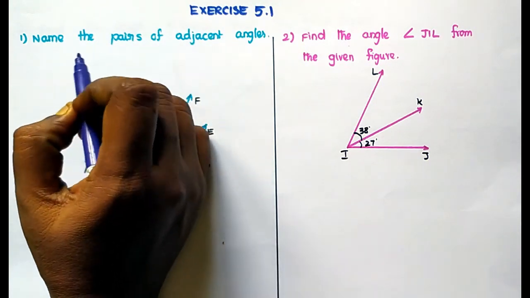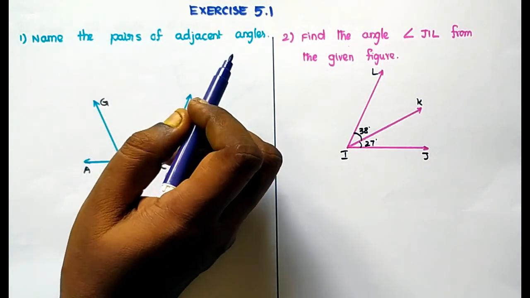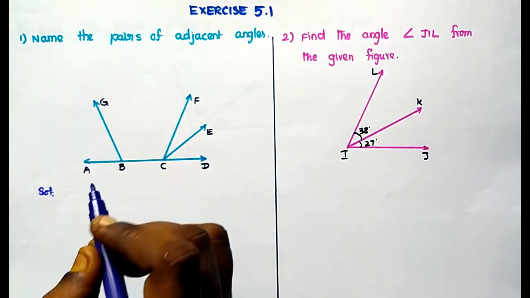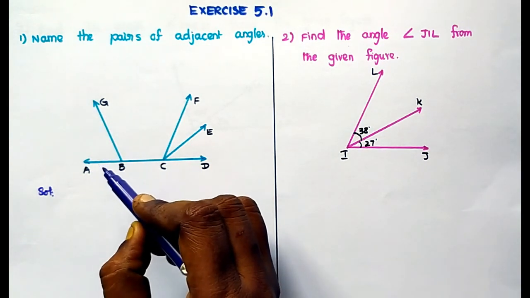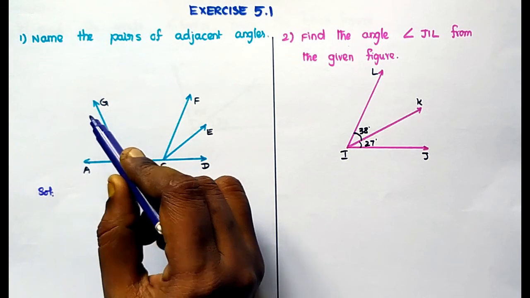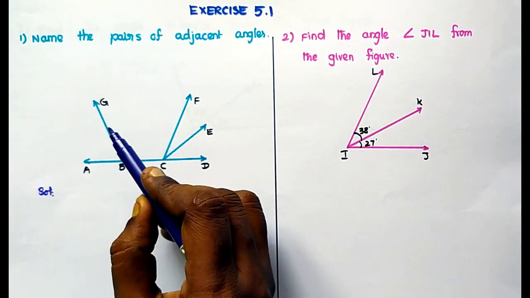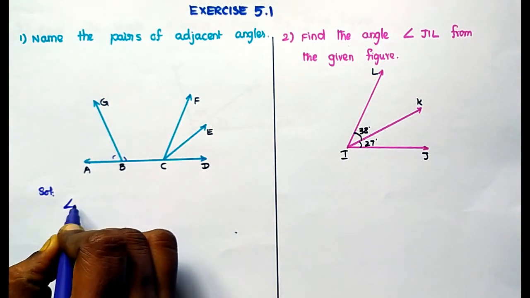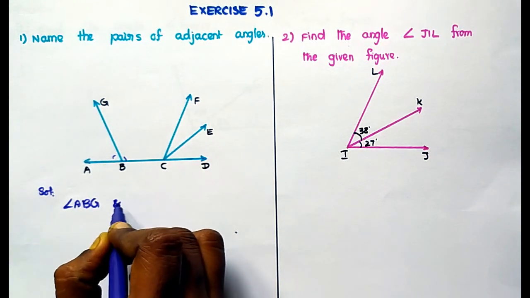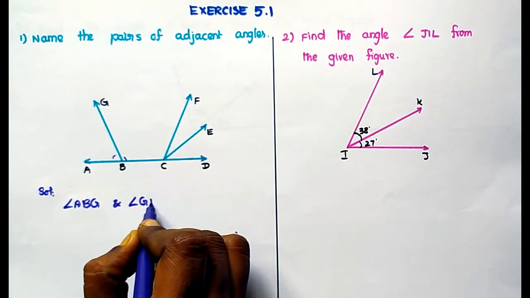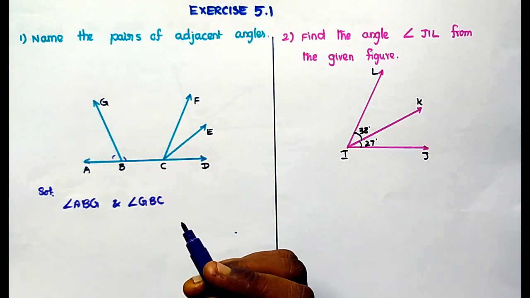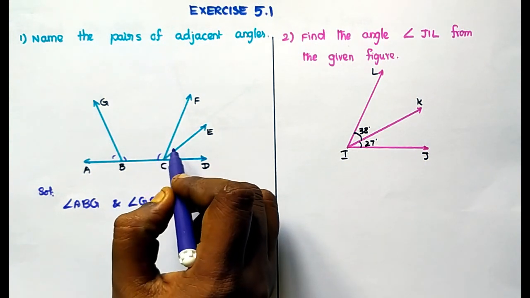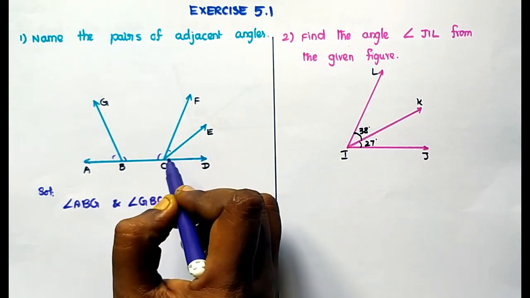Exercise 5.1. First sum, name the pair of adjacent angles. Listen here, adjacent angles: angle ABG and angle GBC. These two angles are adjacent. Next, angle BCF and angle FCE.